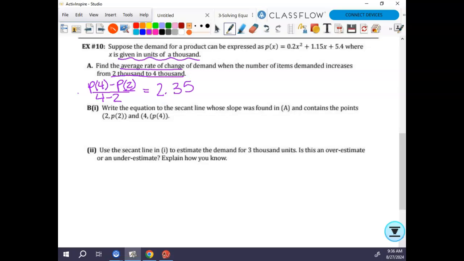Next, we're supposed to write an equation of the secant line with this slope and these 2 points. Now, I don't know what P of 2 and P of 4 are because the calculator did all that for me. Do I need both of these points to write my equation? No, I don't. So I'm just going to pick one. Let's just pick the first one. Why not? So in order for me to do this, I need to know what P of 2 actually is.